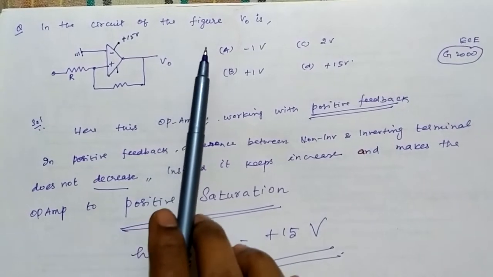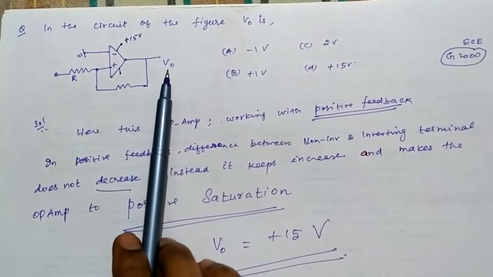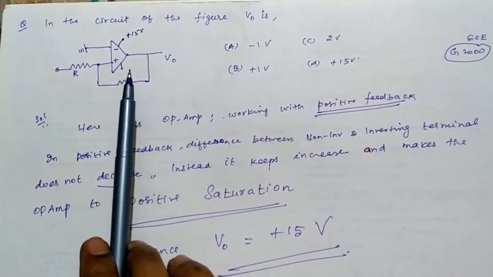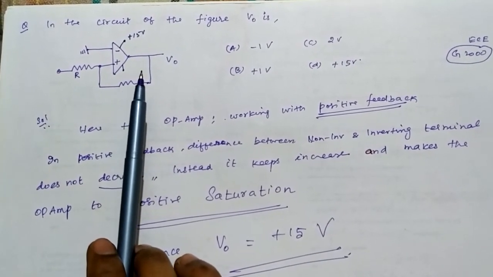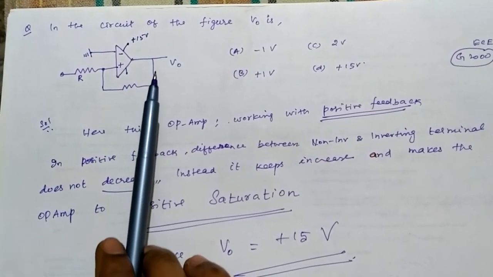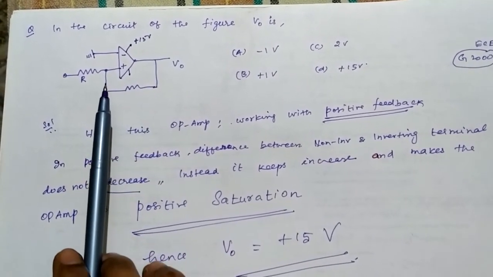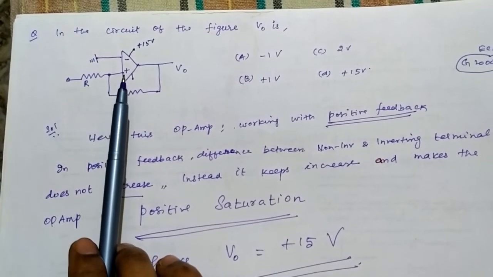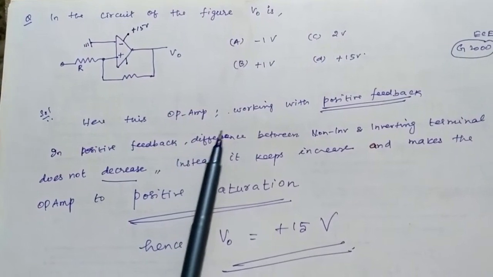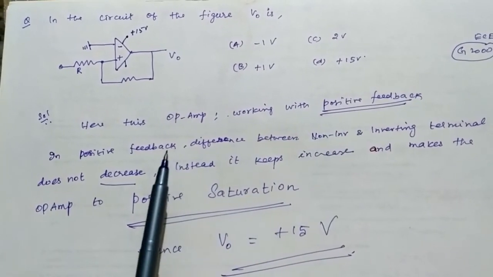In the circuit shown in the figure, what will be the output voltage V0? From observation we can say that part of the output voltage is taken and given back to the input as positive feedback.